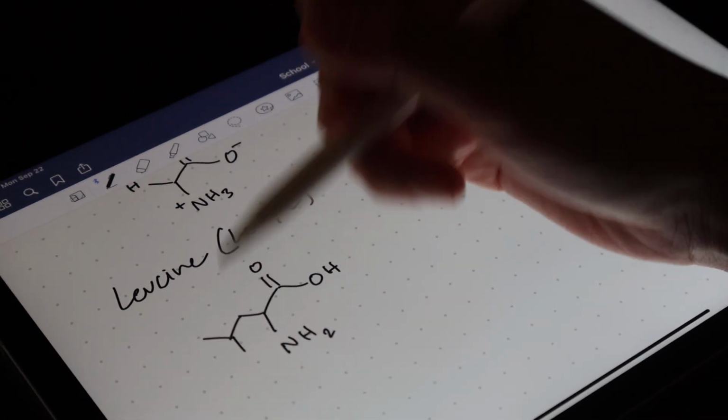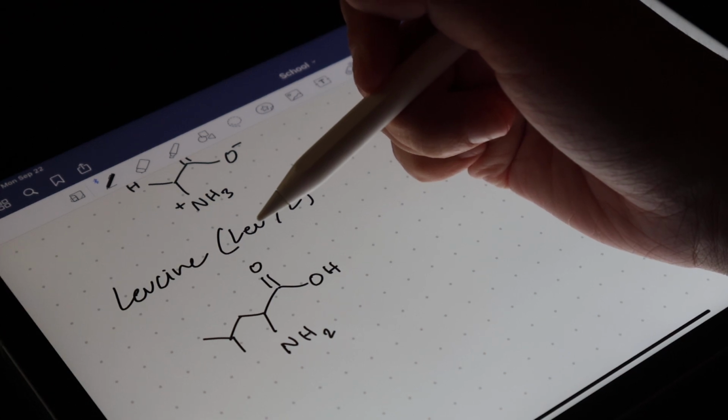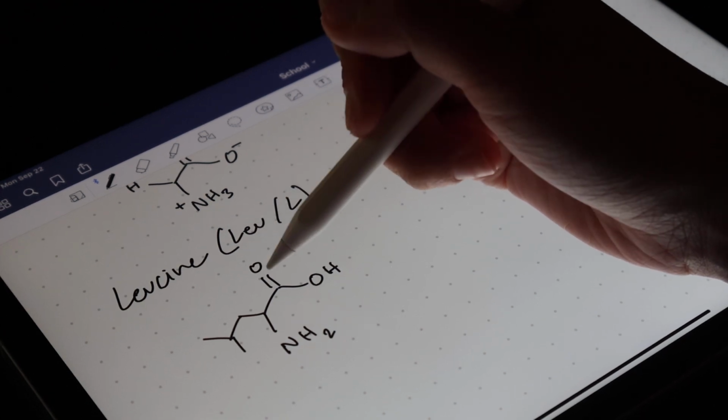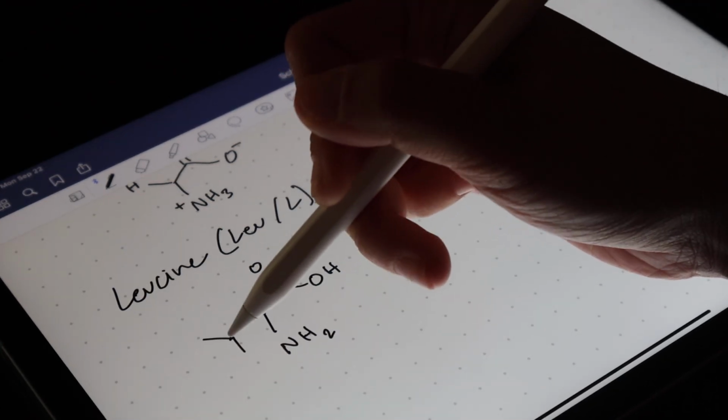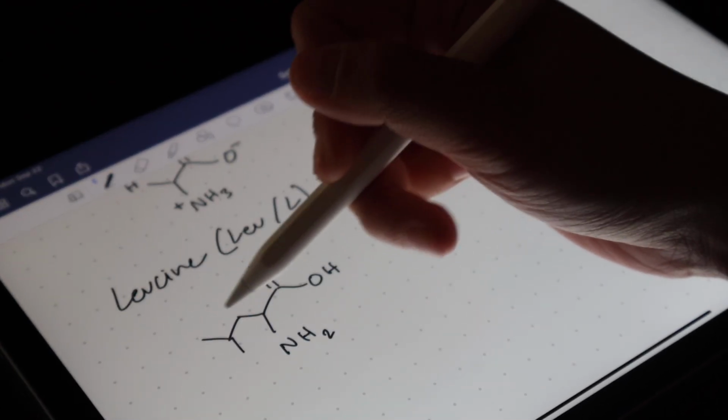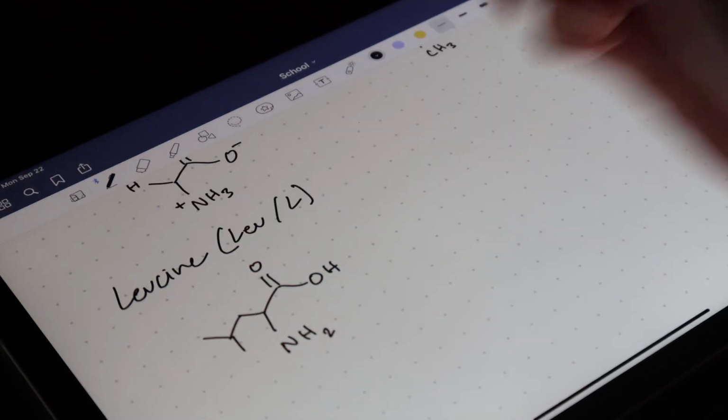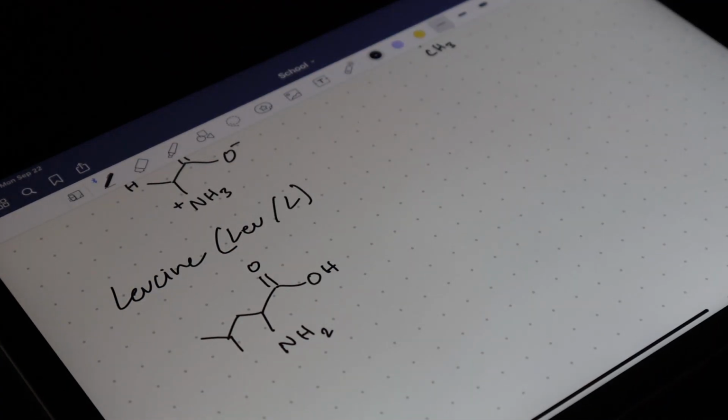So you get 1 extra CH. This becomes a CH2. So just 1 more carbon added before you get the branching.